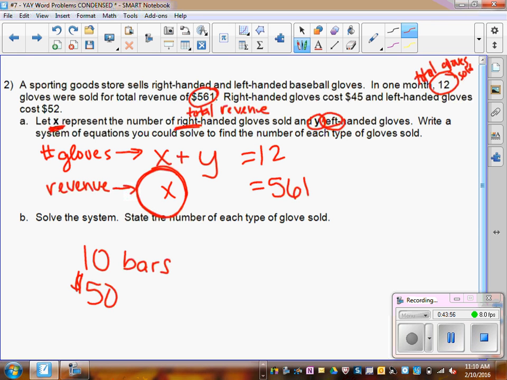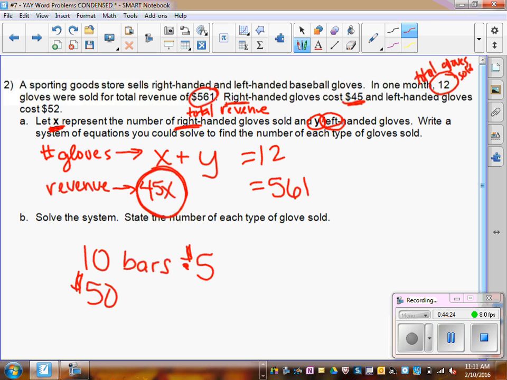So the number of bars times the value gives me the total amount I made, right? Same idea here. The number of gloves is X, so the total value is going to be the cost of it. For right-handed gloves, it's $45 for each glove. So 45 times X.